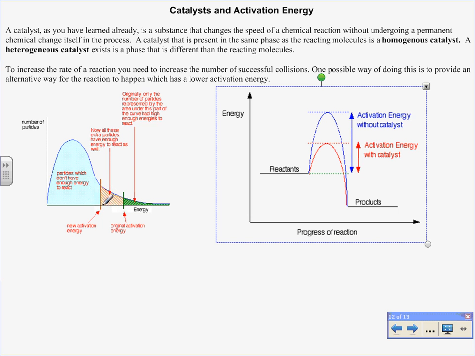So all of a sudden, we've got more molecules with enough energy to overcome the activation barrier of the reaction. So that's the correct way of explaining that a catalyst can increase the rate of the reaction. It is incorrect to say that the catalyst lowers the activation energy of the reaction, because it doesn't actually change the activation energy of the particular reaction. It's simply providing an alternative path.